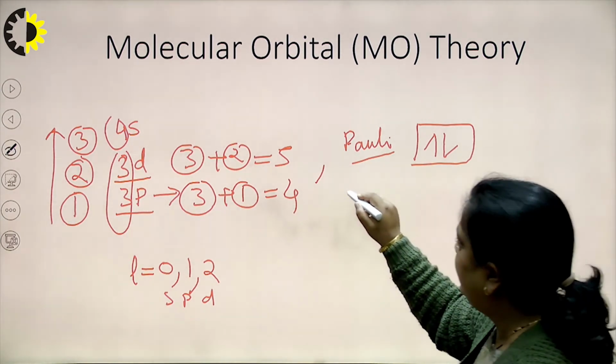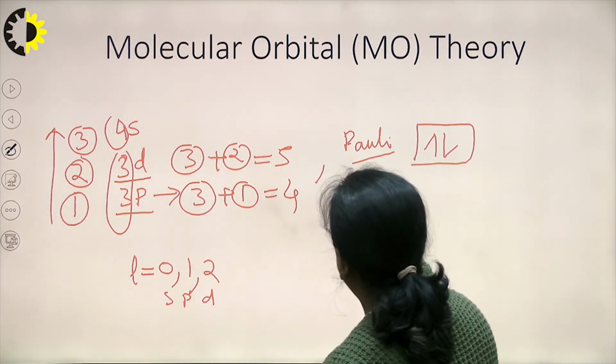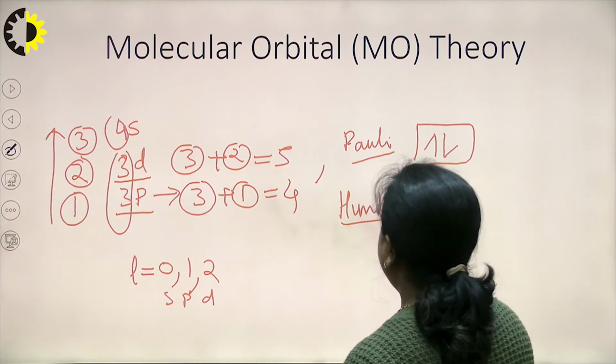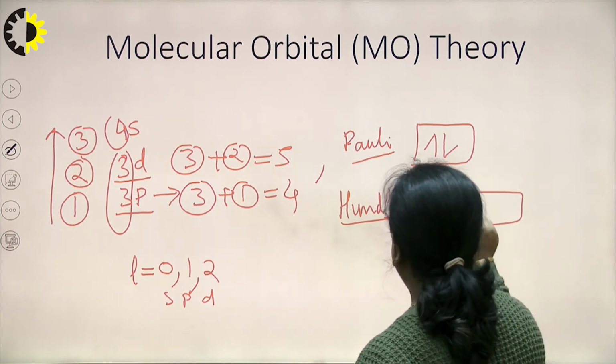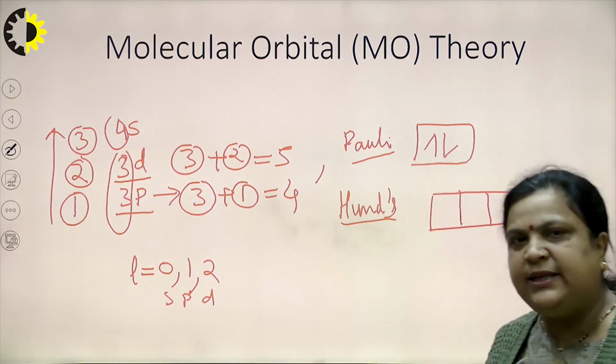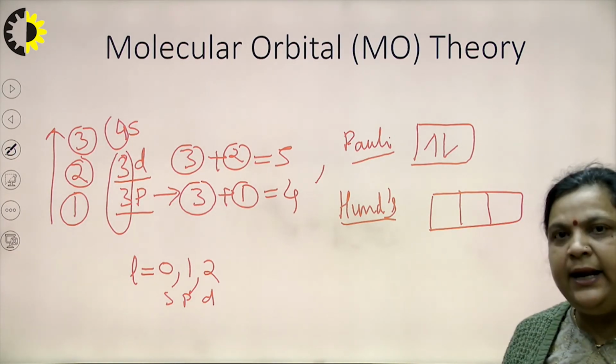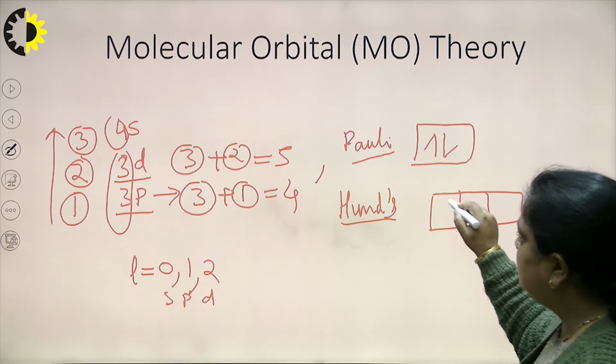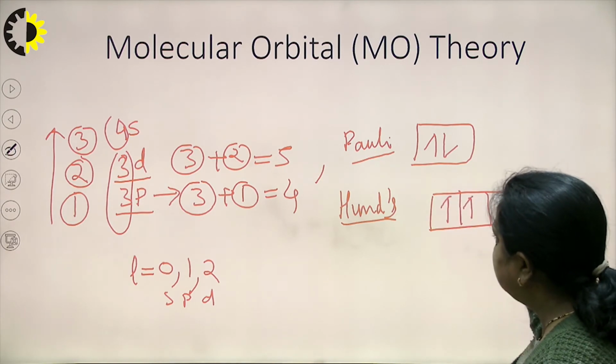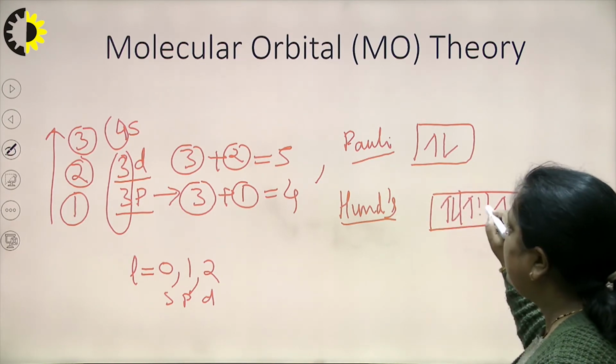Third is Hund's rule. What is Hund's rule? Hund's rule is, if the orbitals have the same energy and we have to fill, suppose, 3 electrons, first they fill singly, and then pairing starts.